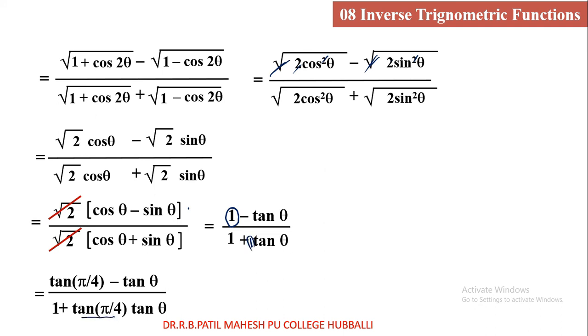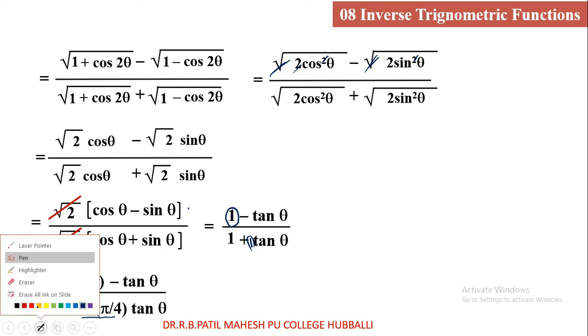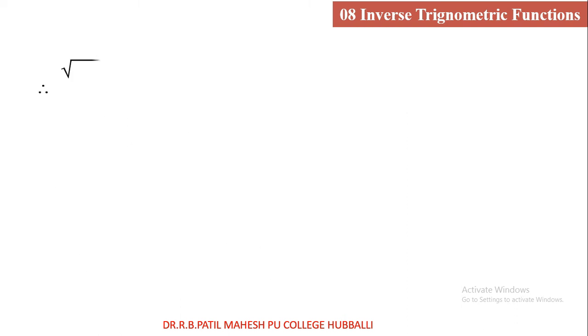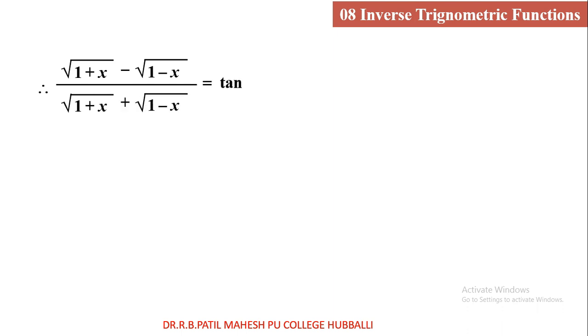For what reason I have done like this, students? Because you are going to get a formula, that is tan A minus tan B upon 1 plus tan A into tan B. So that will be tan of A minus B, that is pi by 4 minus theta. So now go back to the expression, root 1 plus x minus root of 1 minus x upon root 1 plus x plus root of 1 minus x is equal to what we got finally, tan of pi by 4 minus theta.